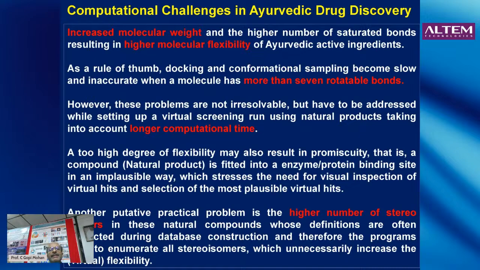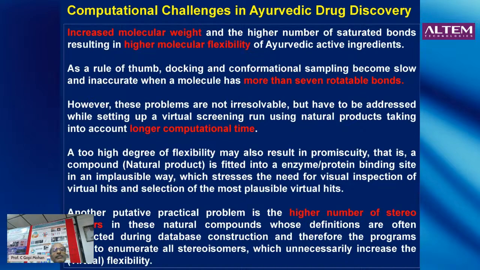So computational challenges in natural product or Ayurvedic drug discovery include increased molecular weight and a higher number of saturated bonds, resulting in higher molecular flexibility of Ayurvedic active ingredients. As a rule of thumb, docking and conformational sampling become slow and inaccurate when a molecule has more than 7 rotatable bonds. It is very challenging because of its multiple conformations, and it may take longer computation time.